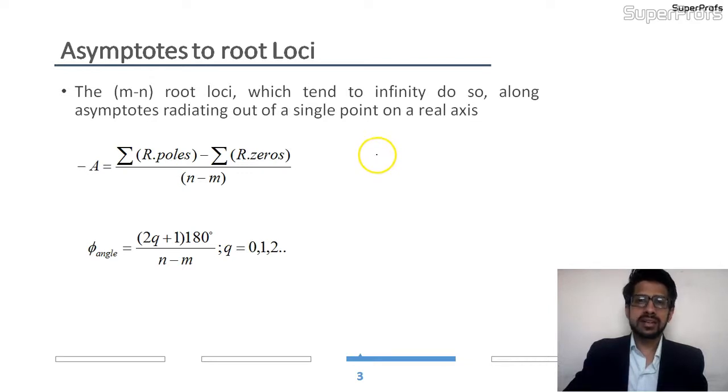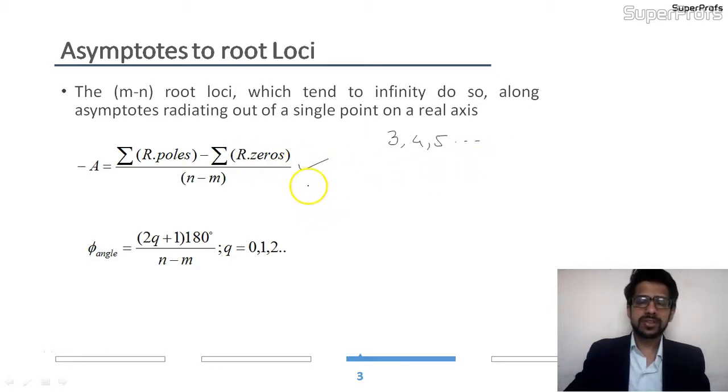If there are several such root loci segments traveling towards infinity, they do not travel from different points, but radiate out from a single point. Whether it is 3, 4 or 5 different n minus m root loci segments, they travel from a single point. Now that point value is given by this particular equation.